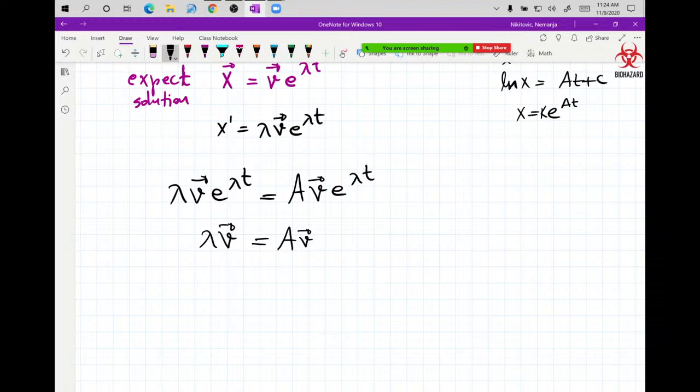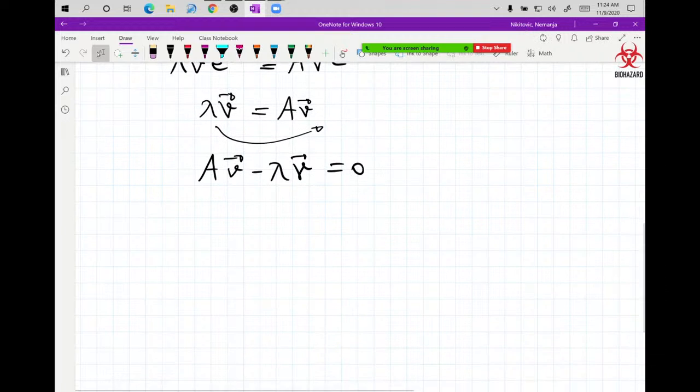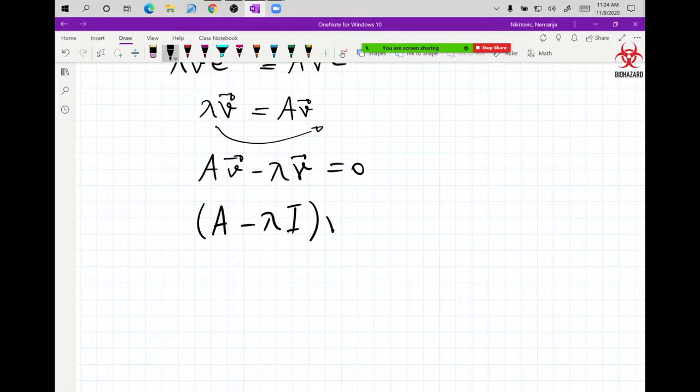And when you put these on the same side, you move this one, you get A v minus lambda v equal to 0. And now you factor v, which is a vector. Now there is an issue here. So A minus lambda I, and then v equals 0.